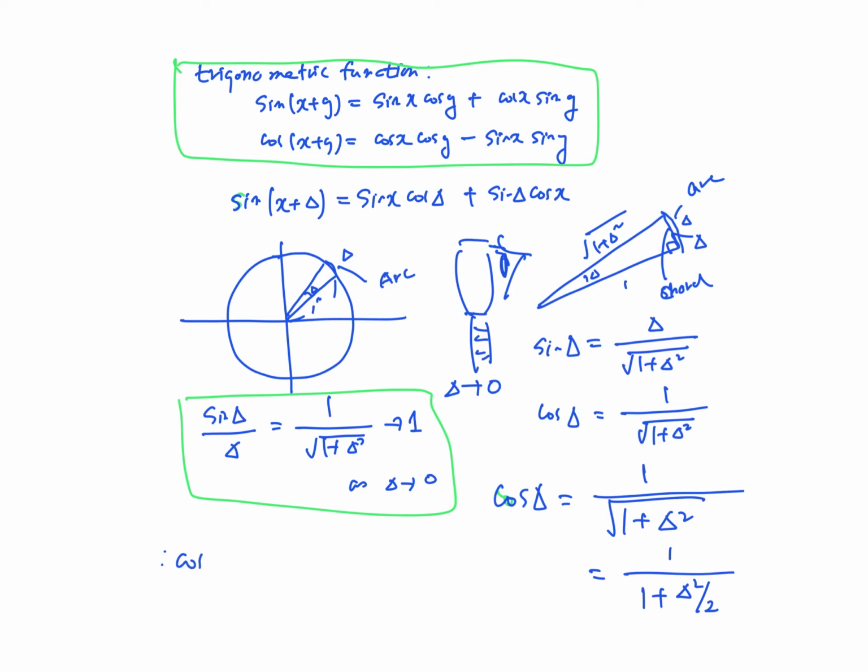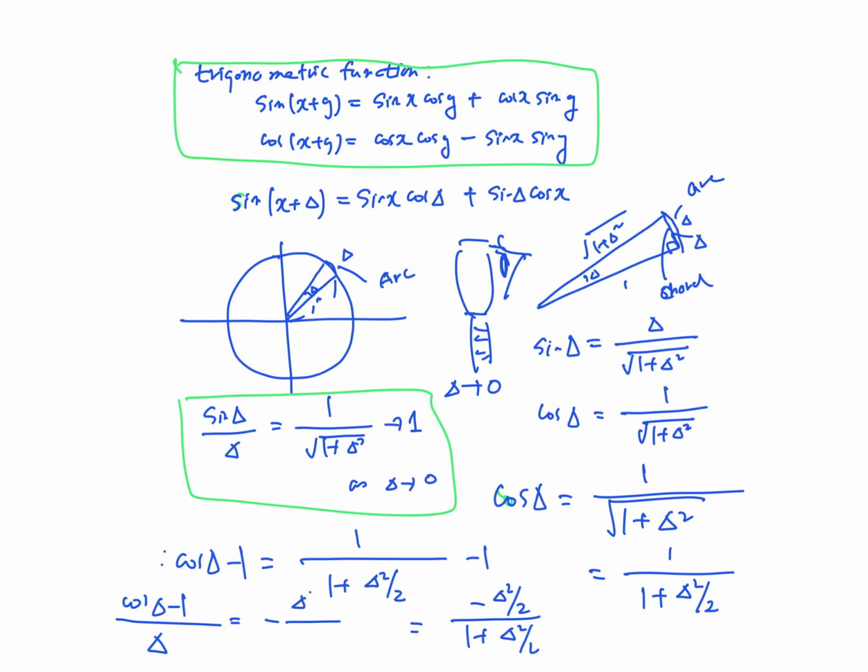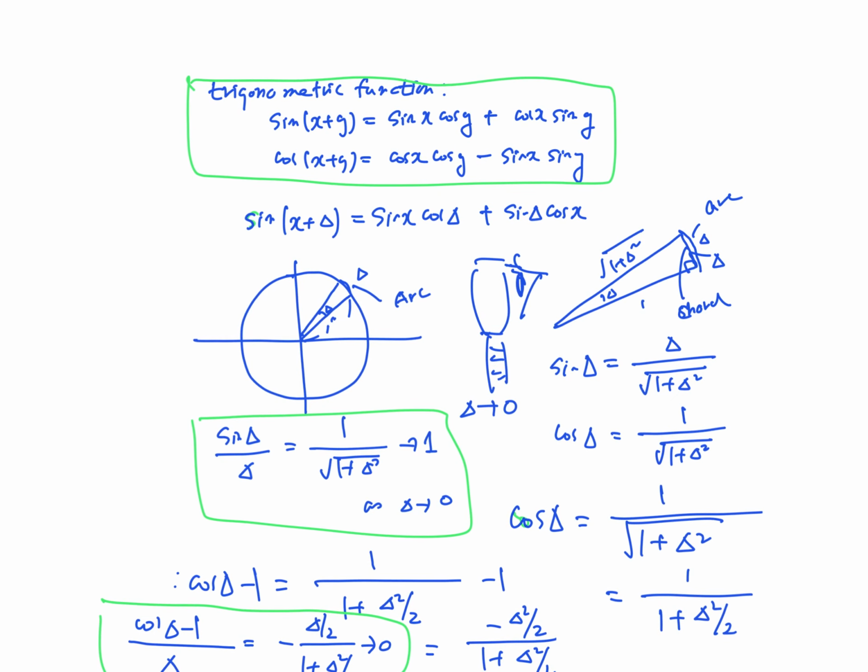So cosine delta minus 1 is approximately minus delta squared over 2. So if we divide by delta, cosine delta minus 1 over delta becomes minus delta over 2, which goes to 0. These are the limits that we need to know.